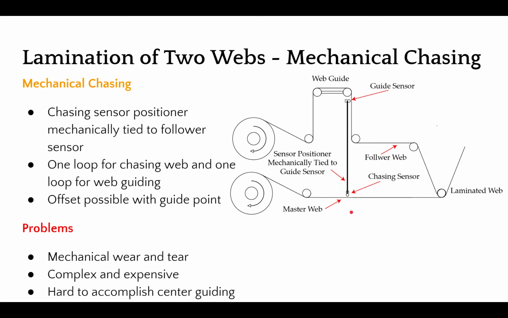It's been done with both electromechanical as well as hydraulic actuators. One of the drawbacks here is that if these sensors need to be center sensors, that means that we want to justify the lamination based on the average of two sensors, then this becomes really complicated really quick.